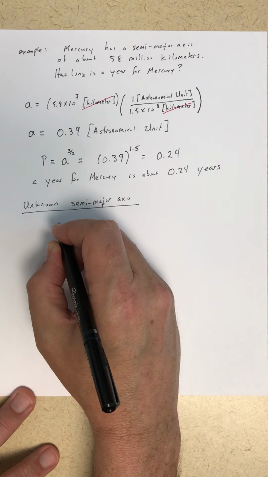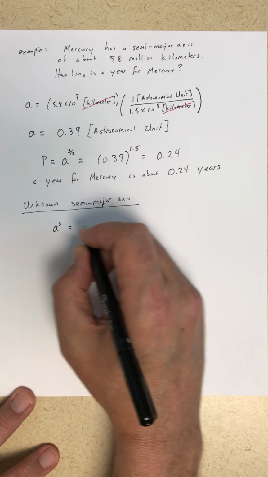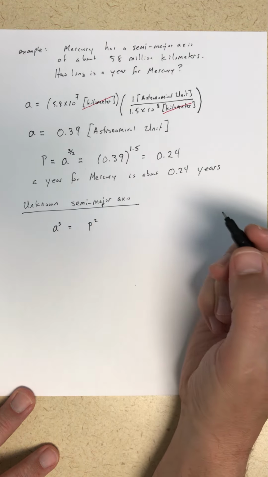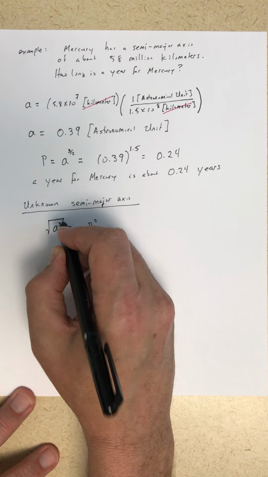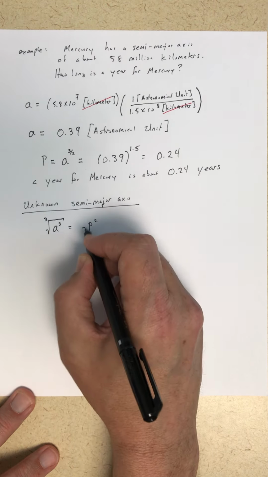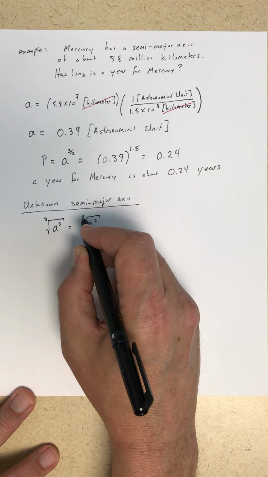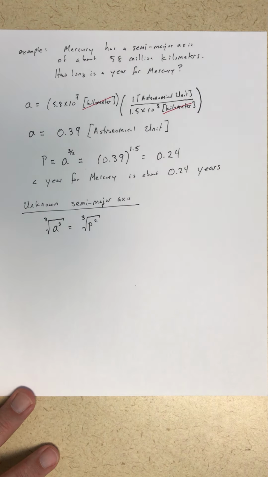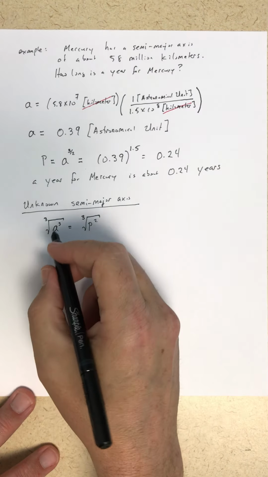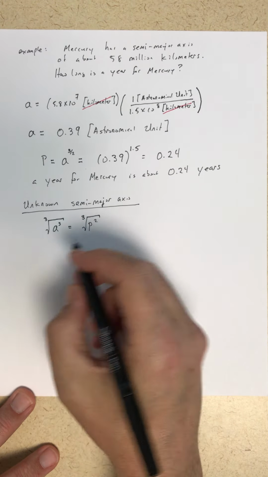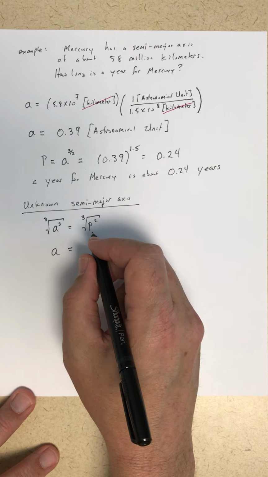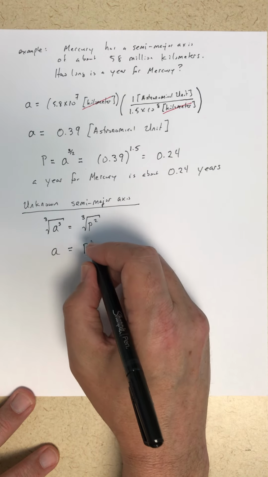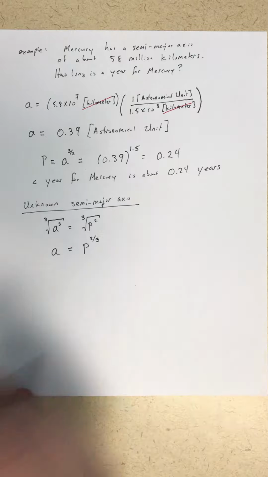So I'll have A cubed is equal to period squared. I clear the cube by taking a cube root of both sides of the equation. I haven't changed the equation because I'm doing the same thing to both sides. The cube root of A cubed is just A, and the cube root of P squared is going to be the period to the 2/3 power.